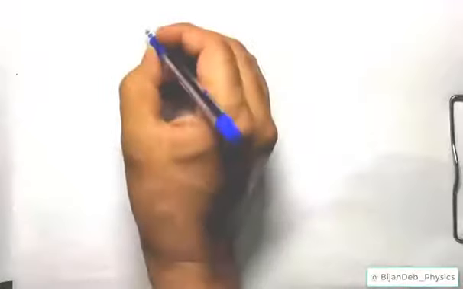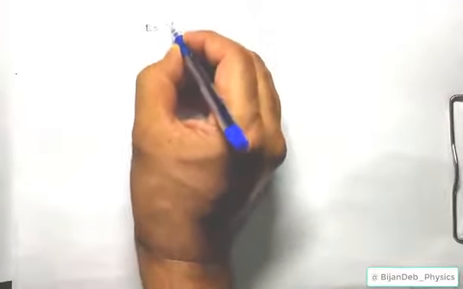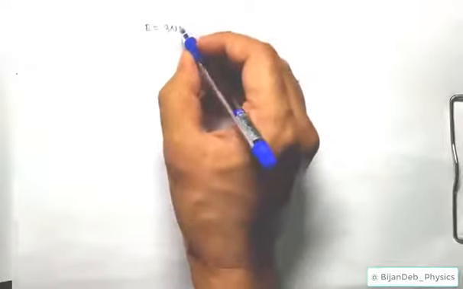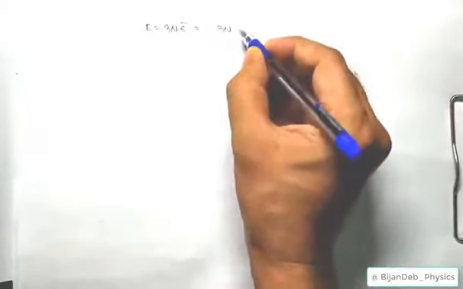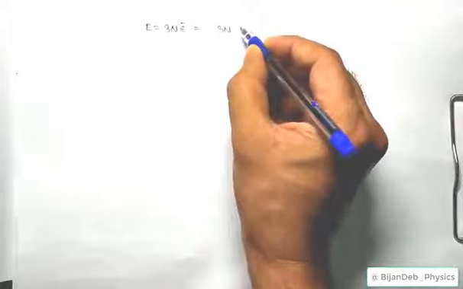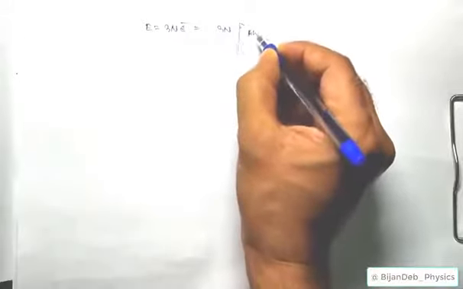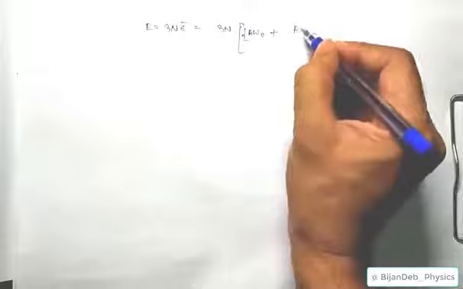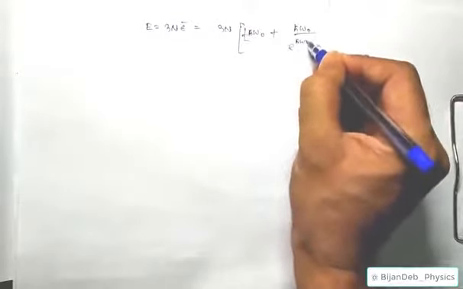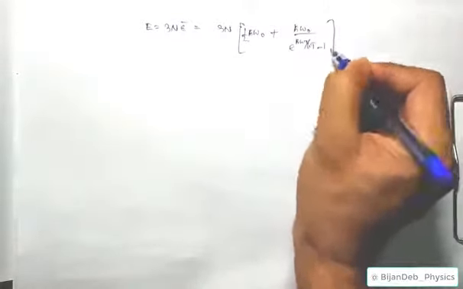So now what will be the total energy? 3n total vibrational modes, and we have average energy, so it will be 3n E bar. What expression we have? Half h cross omega 0 plus h cross omega 0 by e to the power h cross omega 0 by kT minus 1. This is the expression.